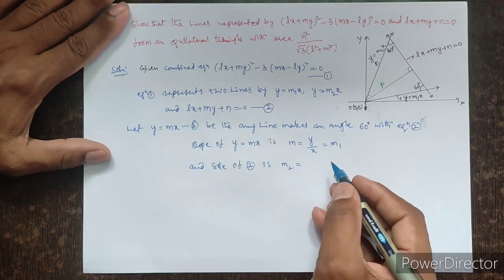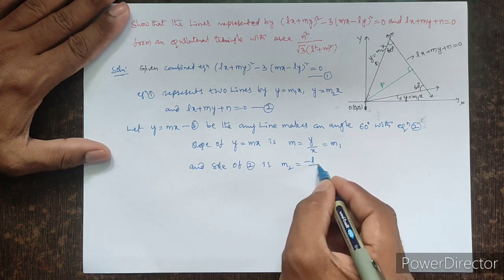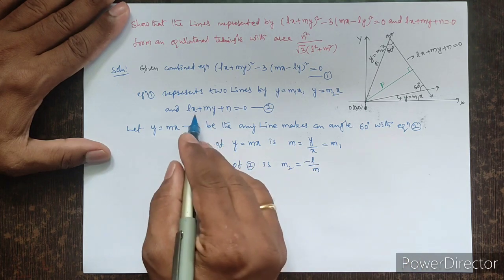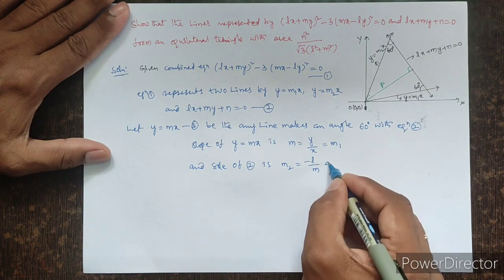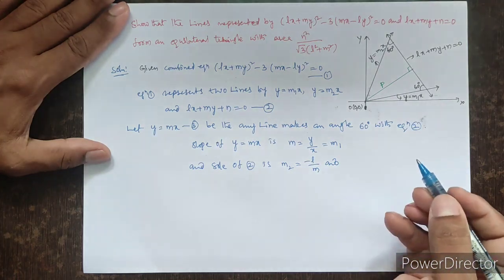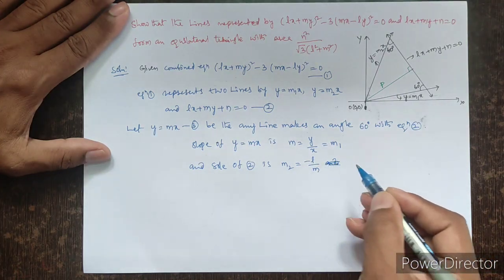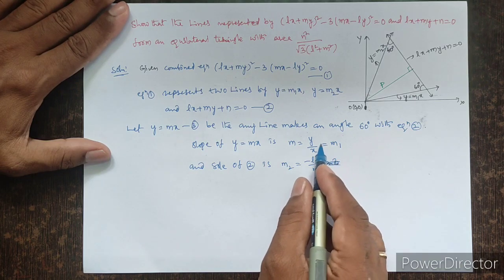Already we know it is minus x coefficient by y coefficient, that is minus L by m. So m2 equal to minus L by m, and m1 equal to y by x.